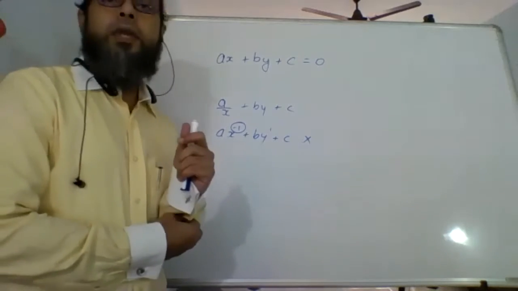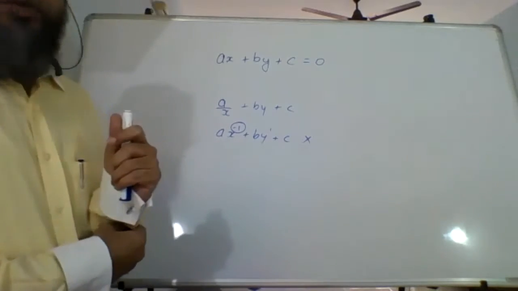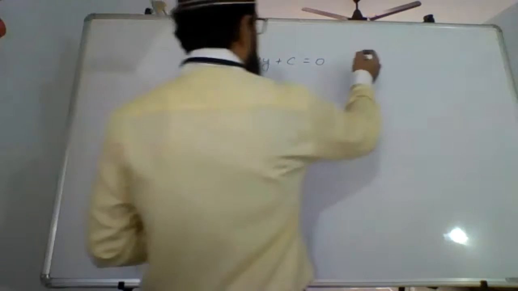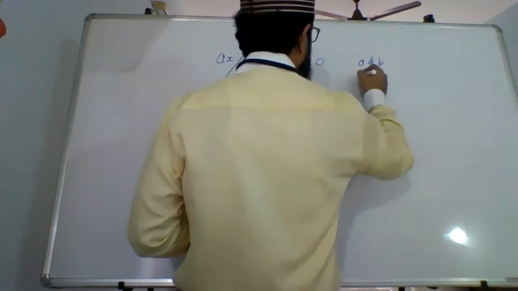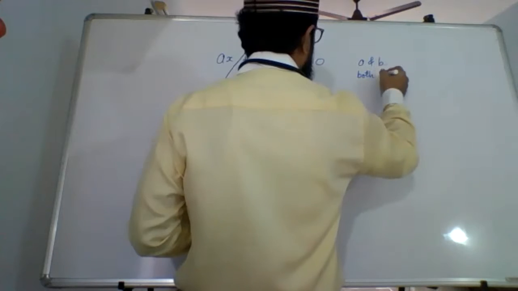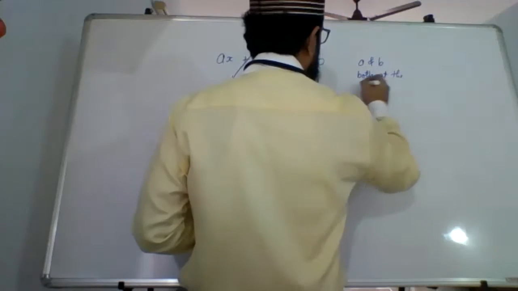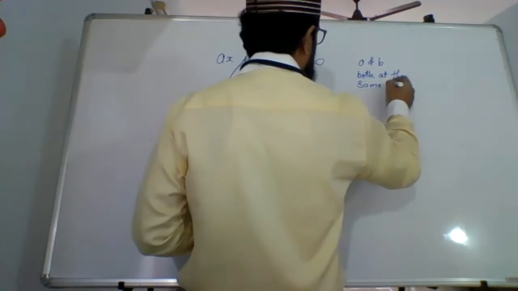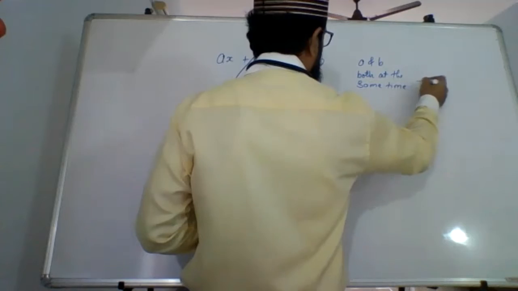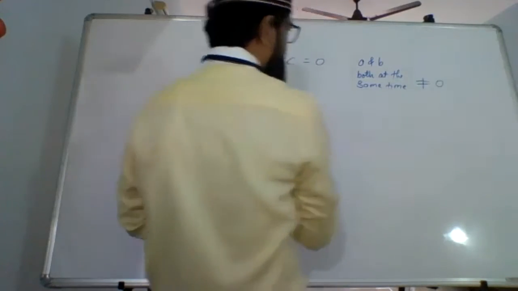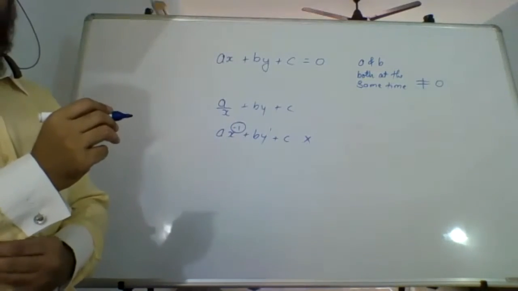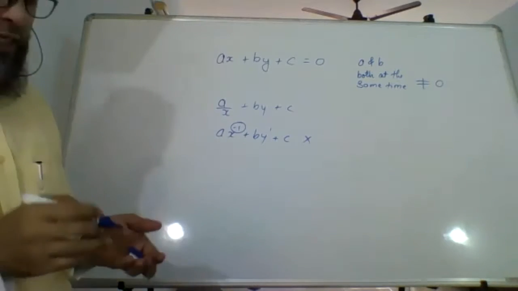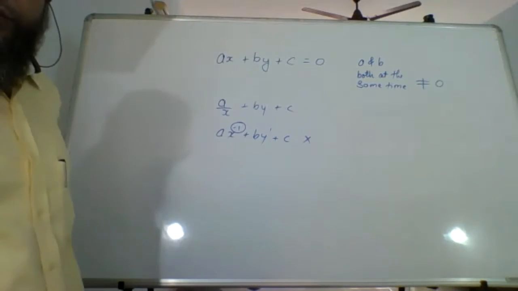So ax plus by plus c equal to 0. The condition here is a and b both at the same time cannot be equal to 0. That means one of them at one time can be 0. If a is 0, it is acceptable provided b is not 0.